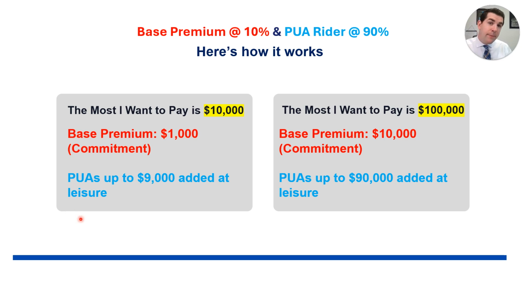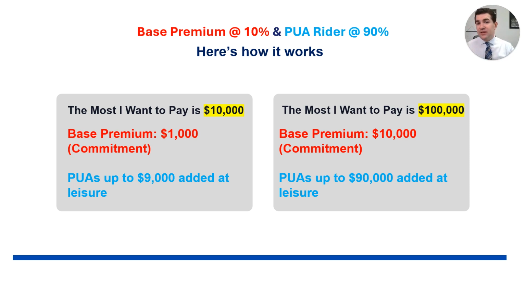If you said, I want a bigger policy than that, the most I want to pay is $100,000 per year, then we would do the same thing with a zero. The base premium would then be $10,000, and we can add PUAs up to an additional $90,000 per year at our leisure.